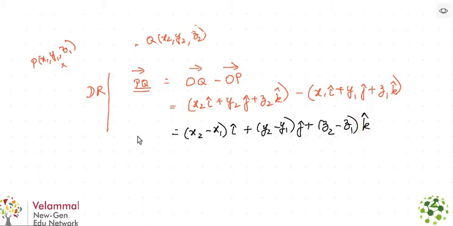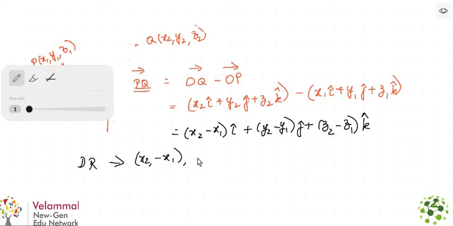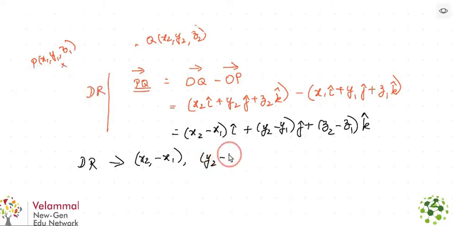So once you frame the vector PQ, anybody can tell the direction ratio. What did I tell for direction ratio? When you have the vector, the coefficients of i, j, k represent the direction ratios, which are x2 minus x1, comma, y2 minus y1 is the coefficient of j, comma, z2 minus z1 is the coefficient of k.